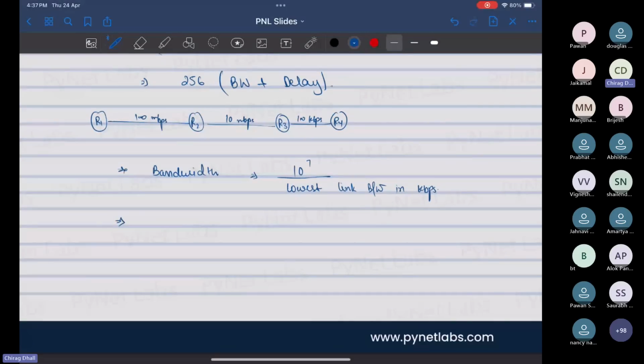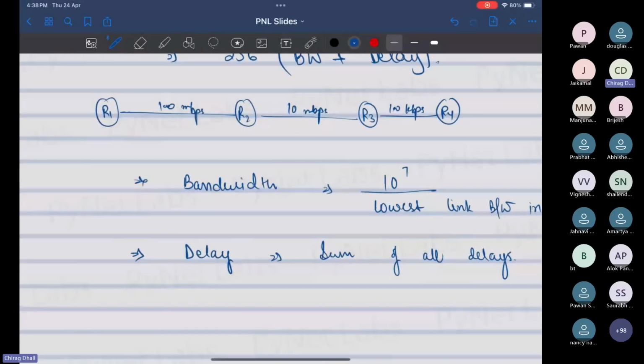Then similarly, when we talk about delay, it is basically cumulative delay, which we consider in metric calculation, which is the sum of all delays. I'll explain what it means. To move from R1 to R4, there are multiple exit interfaces which will have some delay.